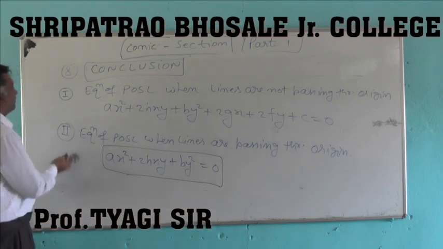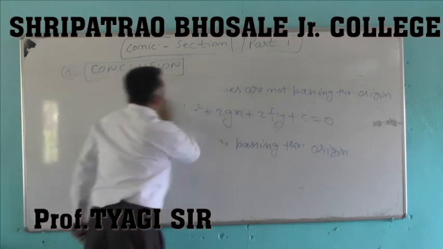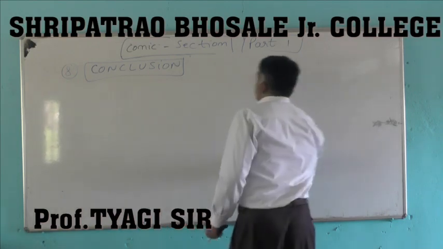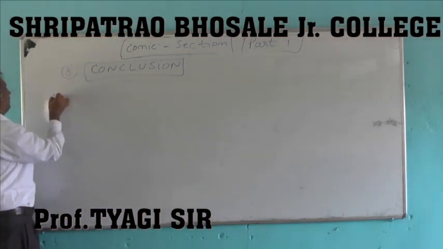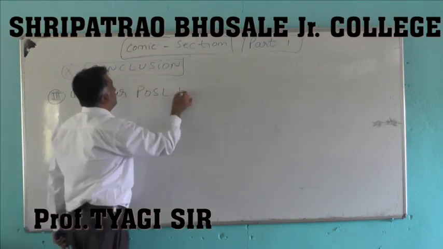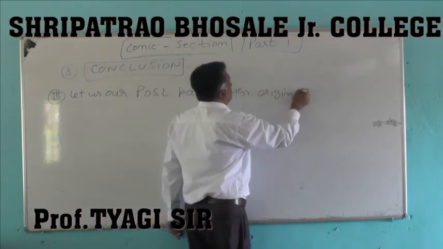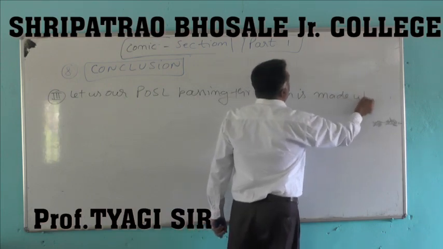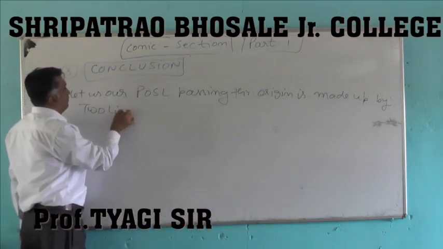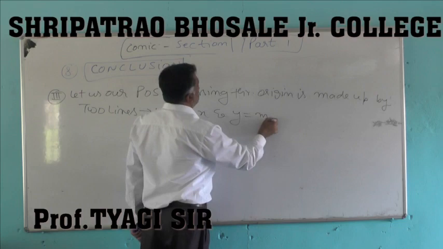Now I am coming on point number 3. Let our pair of straight lines passing through origin be made up by two lines y equal to m1x and y equal to m2x.